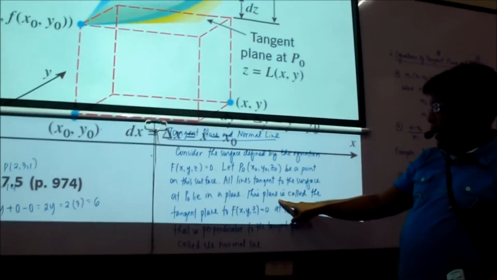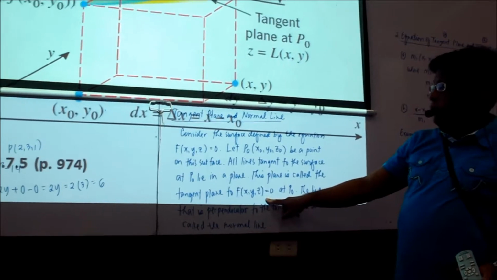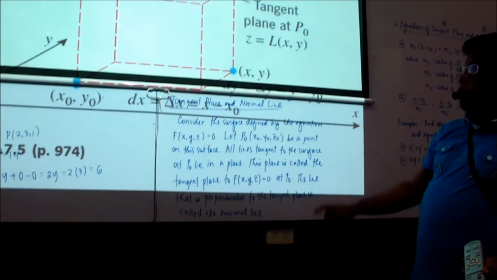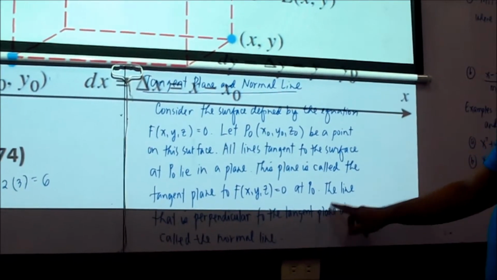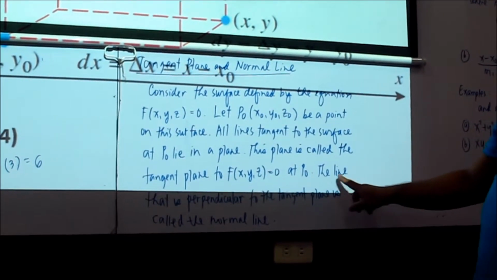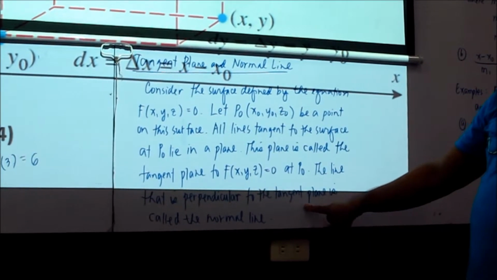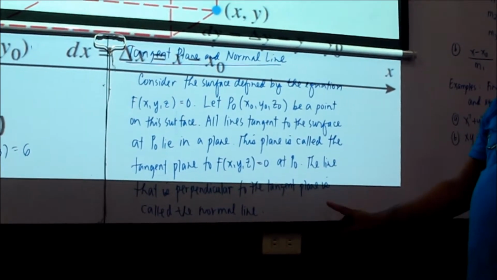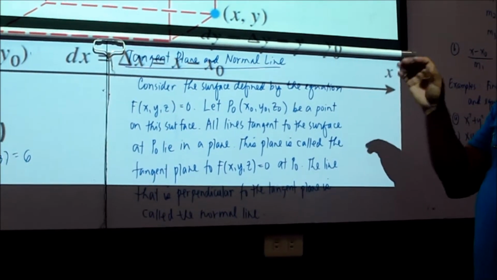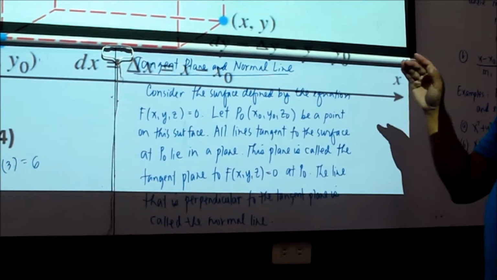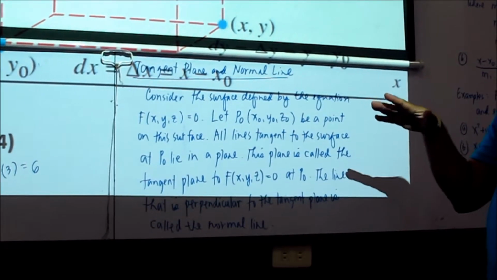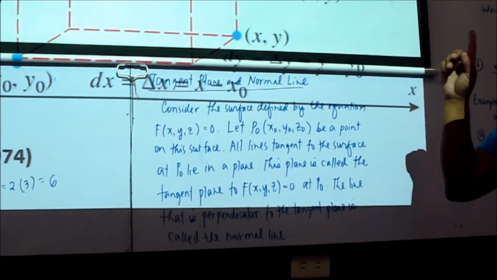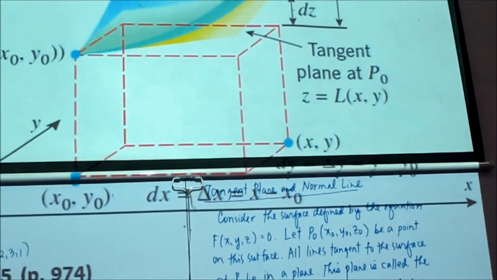What about now the normal line? The normal line is the line that is perpendicular to the tangent plane. Last time we discussed the normal vector. You still recall that? Wherein we have a tangent plane, and its relationship to the normal vector is perpendicular.